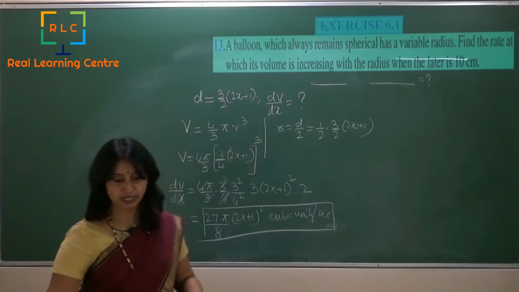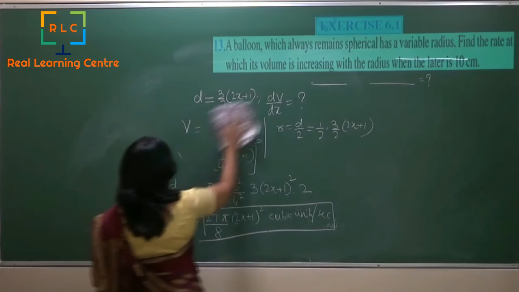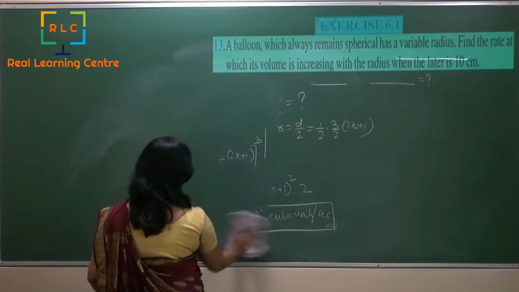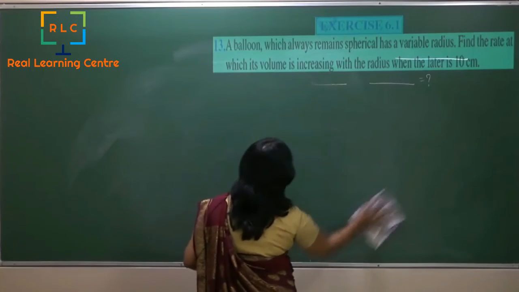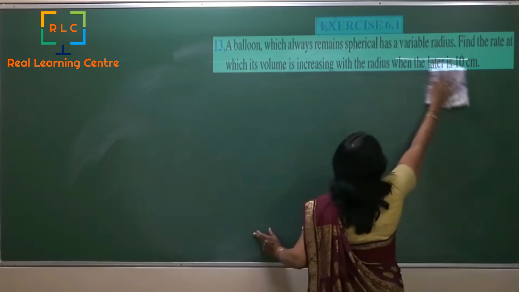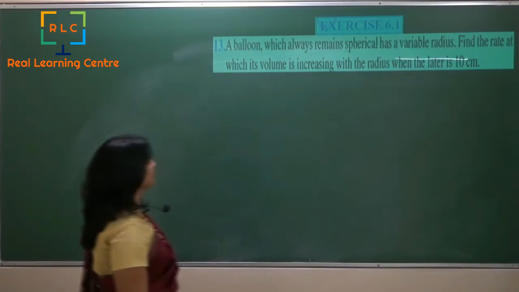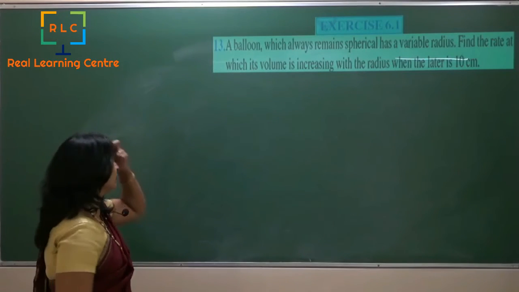Here, find the rate. See the next one, and please try to do it even before I do. A balloon which always remains spherical has a variable radius.